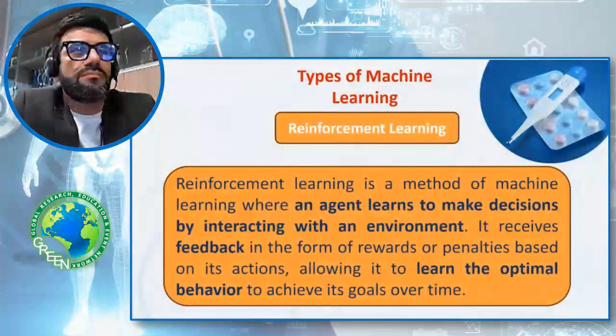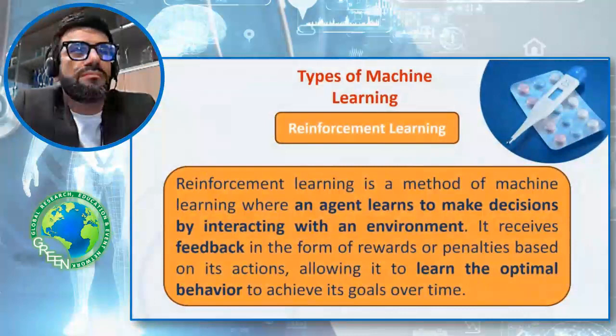And the third type of machine learning is completely different in comparison with the last two. Reinforcement learning is completely based on an agent that learns to make decisions by interacting with an environment.